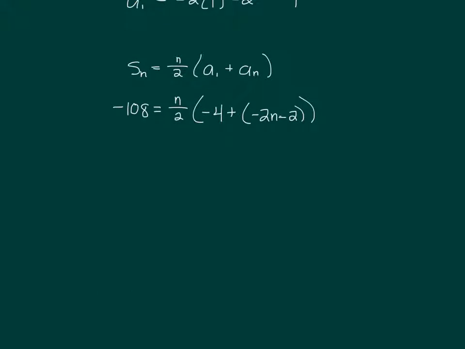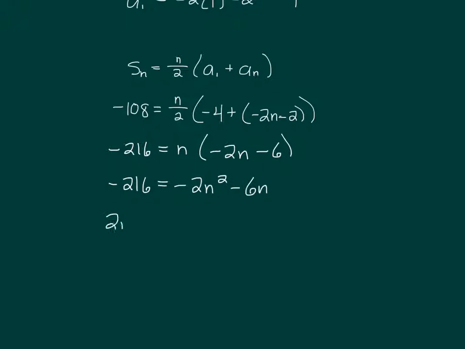To solve that, I would start by multiplying both sides by 2 to get rid of the fraction, because most of us don't like fractions, right? So get rid of it. So now I have -216 is -2n squared minus 6n. Move everything over to the left. I get this, which is a quadratic.